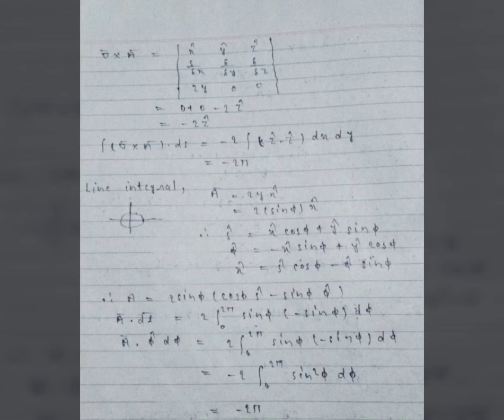So, A I can write as 2 sine phi cosine phi s minus sine phi phi.